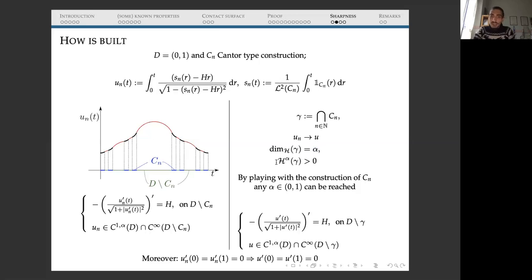Other important fact, the alpha Hausdorff measure of this gamma will be strictly positive, non-zero. Otherwise, I could invoke Pokrovsky's theorem. It will be strictly positive. And this function u obtained as the limit of this un will solve the constant mean curvature equation just on (0,1) minus gamma.